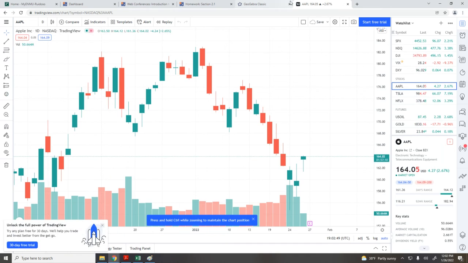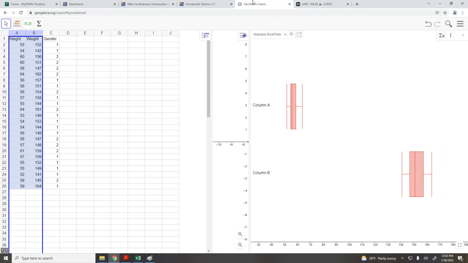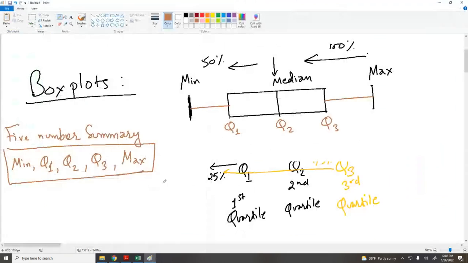Also, a few things to note over here. Since there may be some outliers in our data, sometimes there could be a way higher data point and a way lower data point.